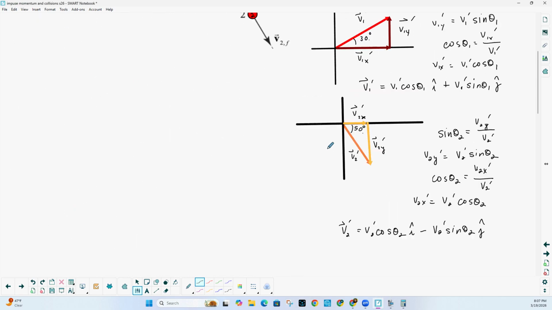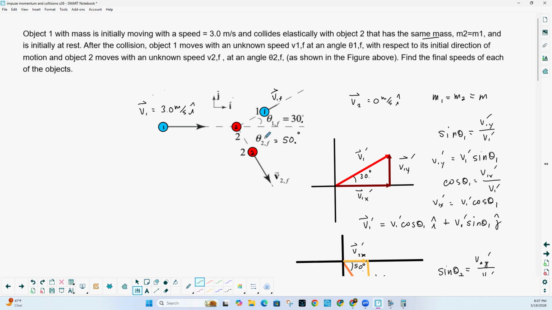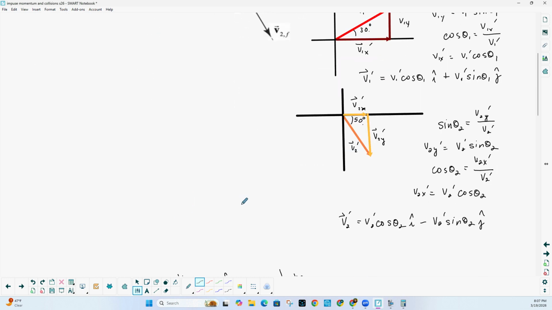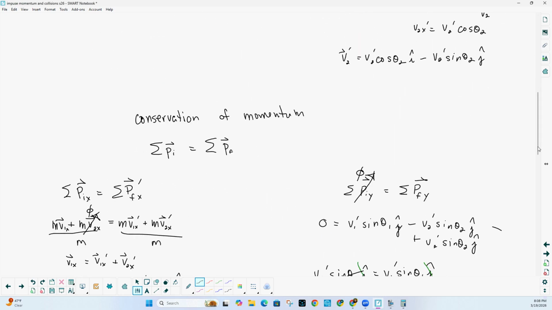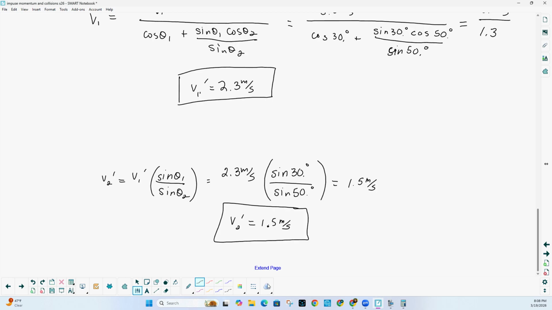Now, if I did have to find this angle here, I would need a third equation. Because this is an elastic collision, I could then use energy conservation to come up with my third equation. So remember that for elastic collisions, your energy is conserved.